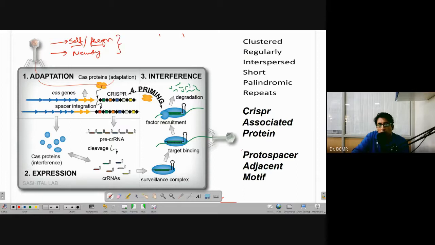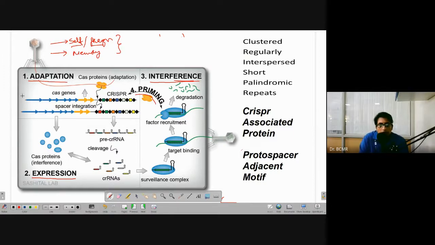Only then can we qualify it as an immune system. We will go through these steps again, but I'm just giving an overview here. The second step is expression. The third step is interference, and the fourth step is priming.